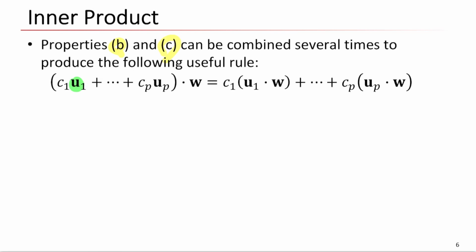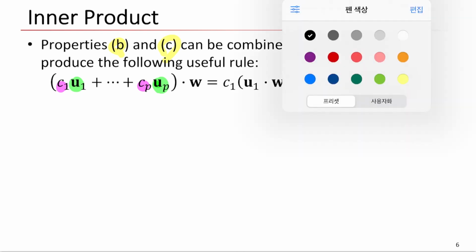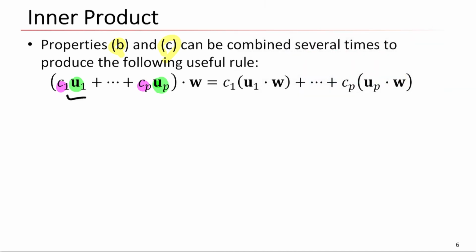If there are some column vectors u1, u2 through up, and their linear combination with some scalar values c1 through cp, right?